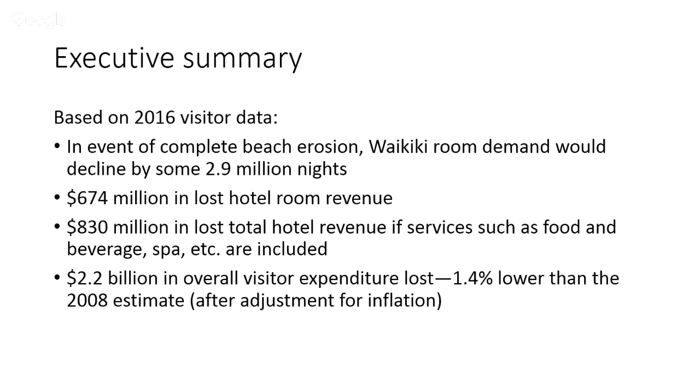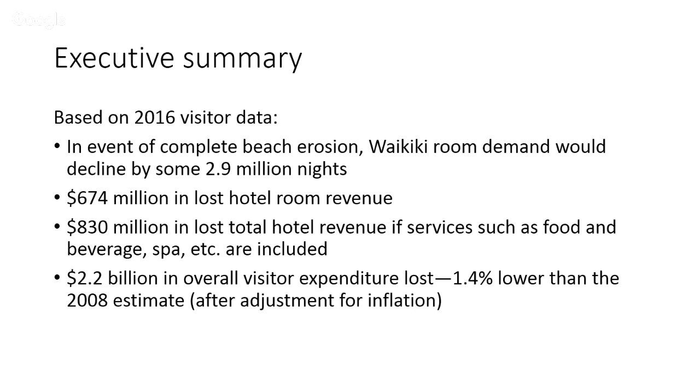So we did an update with updated 2016 data, and from our estimate, there would be roughly $2.2 billion lost in 2007 dollars. So basically, accounting for inflation, roughly a similar amount of money would be lost.